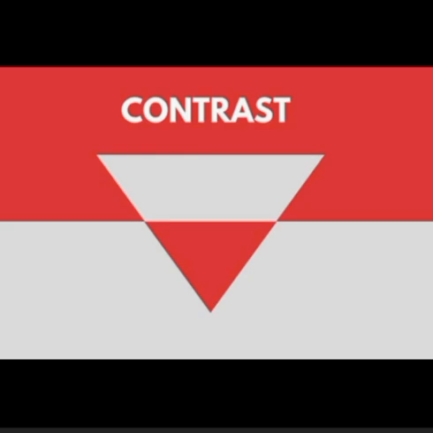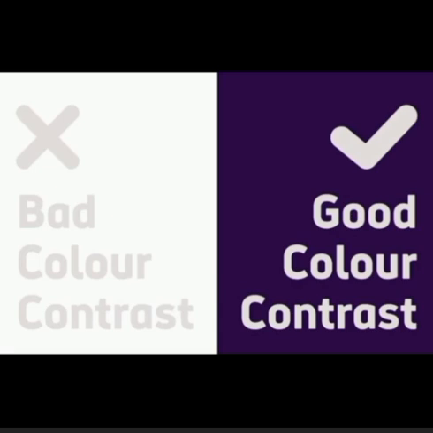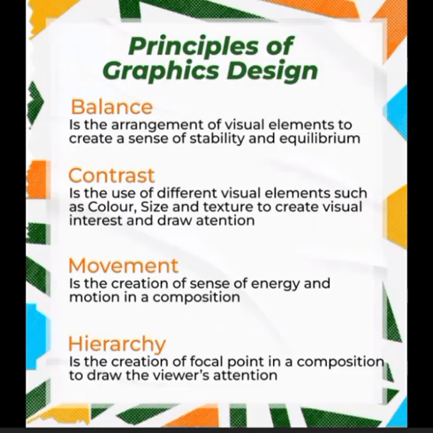I will go straight to elements, because I'll use the elements to explain the principles. So let's go about this contrast, about blending your colors well, using the right color for the right place, using white color for dark background, using dark background for light color. That's just it.